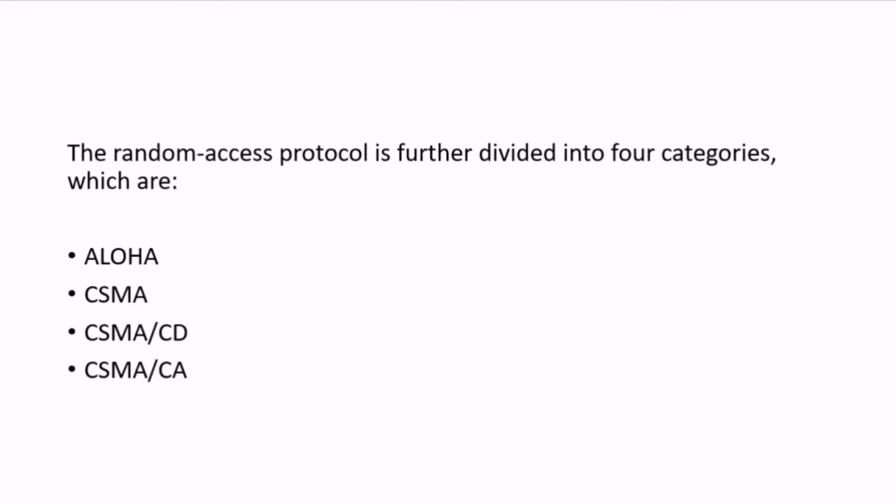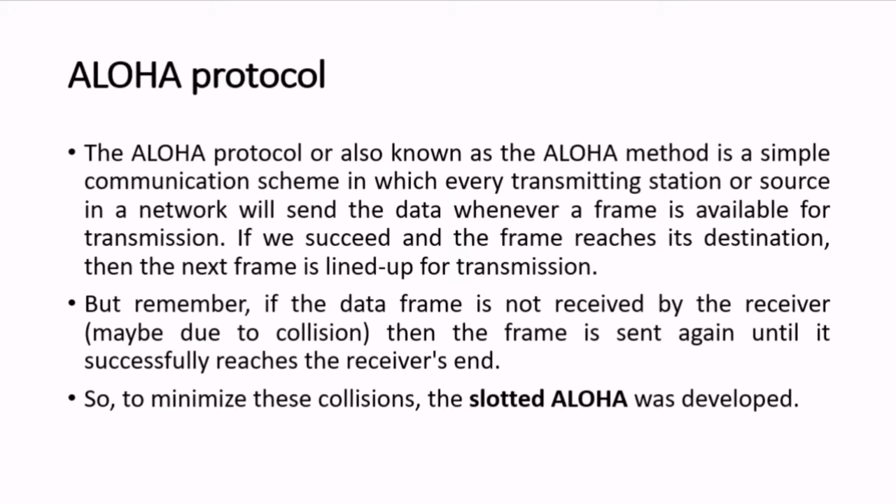The random access protocol is further divided into 4 categories, which are Aloha, CSMA, CSMA-CD, and CSMA-CA. In this chapter, I'm just going to discuss the Aloha and CSMA. So let's look into the Aloha protocol. The Aloha protocol, also known as the Aloha method, is a simple communication scheme in which every transmitting station or source in a network will send the data whenever a frame is available for transmission.